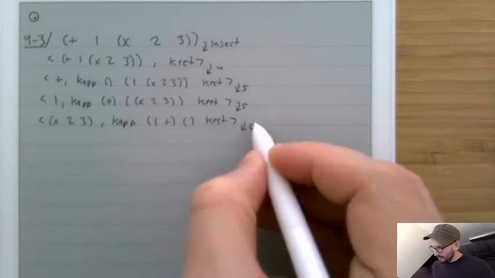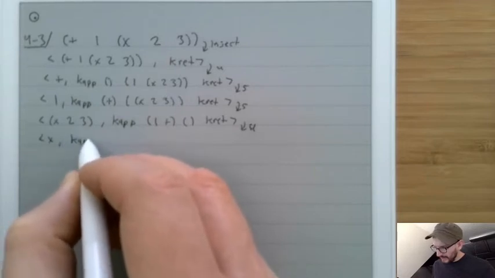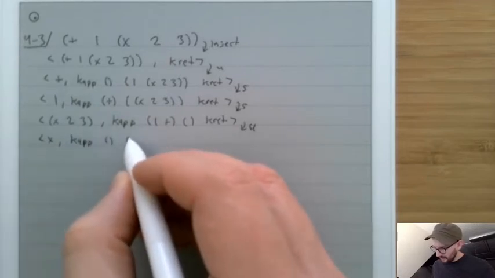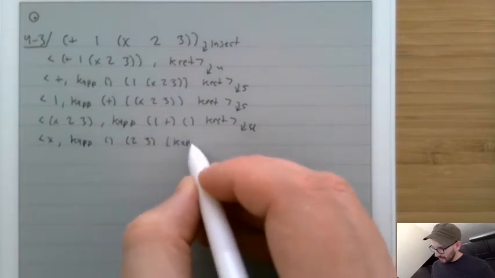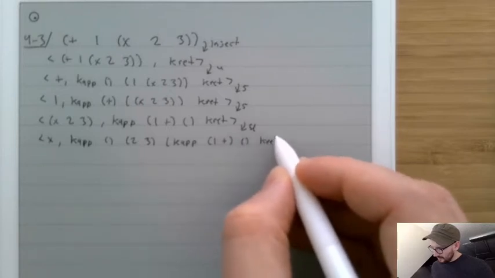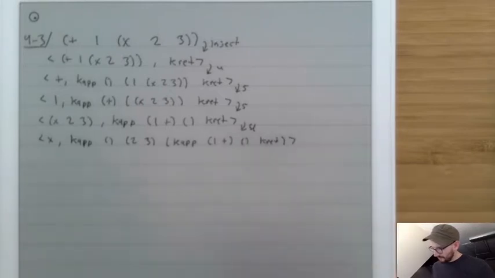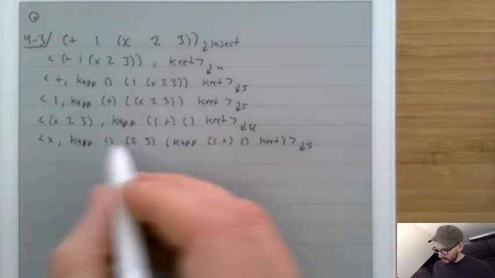Now here we use rule 4 again, and we have times k-app, nothing, 2, 3, and then the other k-app from before, 1 plus, nothing, k-ret. All right. Then we have rule 5, where we swap the 2 in.